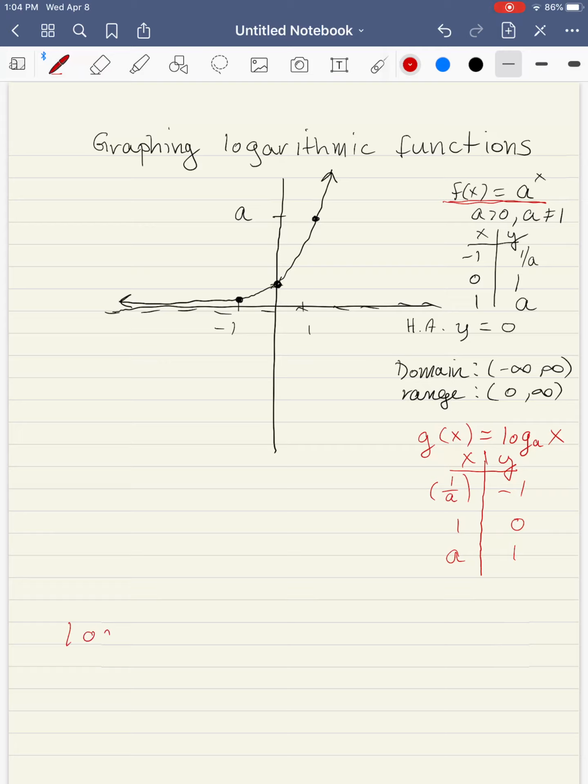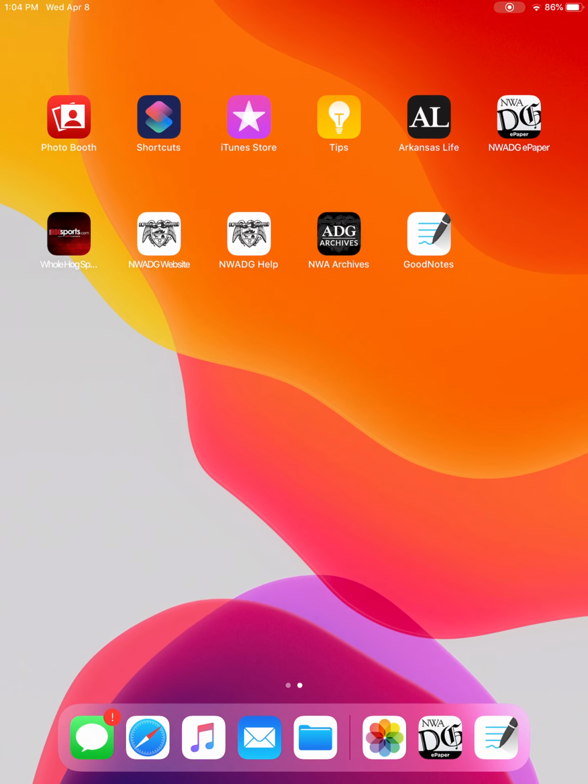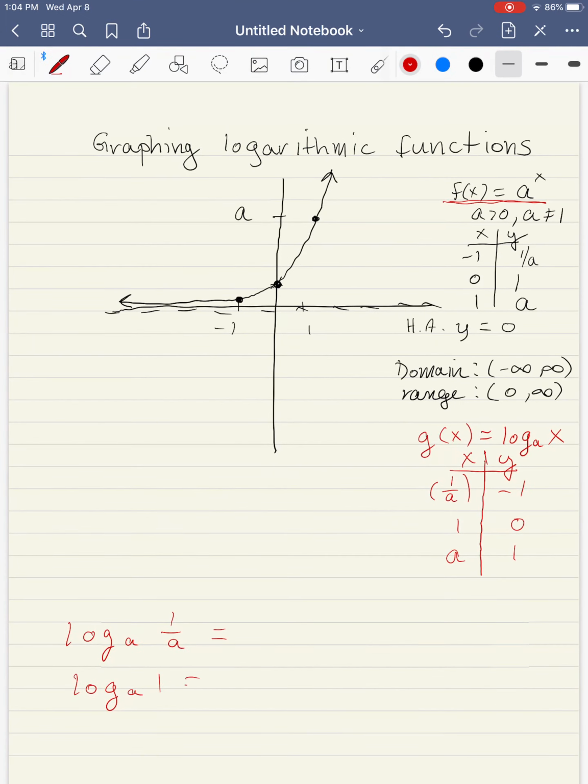If I were to write each of those out, I would be saying the logarithm base a of 1 over a, the logarithm base a of 1, and the logarithm base a of a. Pause for a moment and evaluate each of those three statements.